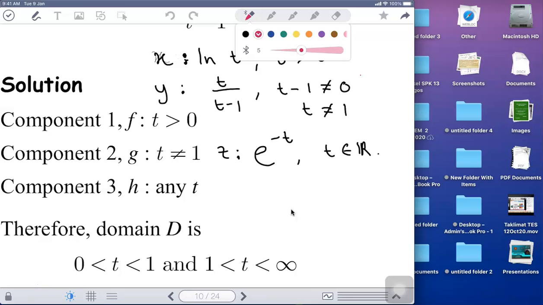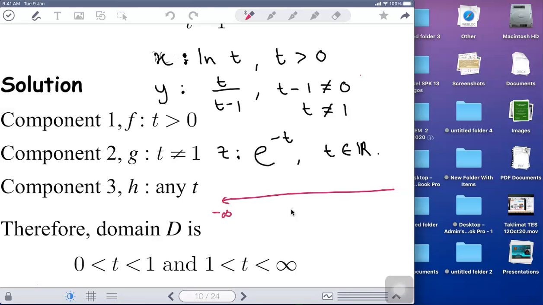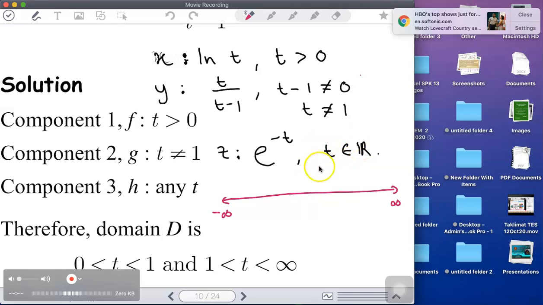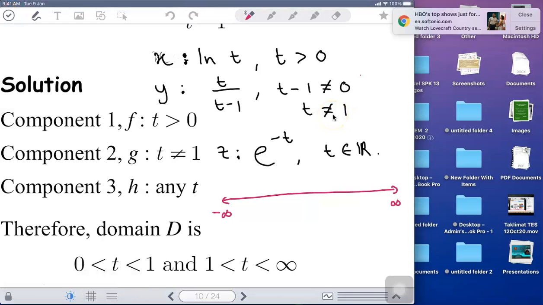Okay, so what I'm doing is I'll just list down the number line. So this one is negative infinity and this one positive infinity. The general one, we can have any t, but however we set here t cannot be equal to 1, so there is the constraint. So this one is 0, and this is 1. Okay, so it cannot be 1, so it stops here, right?